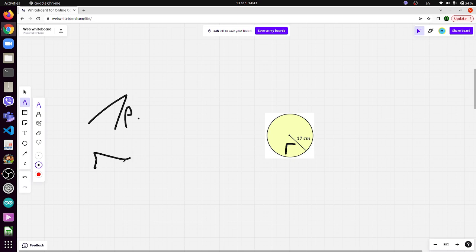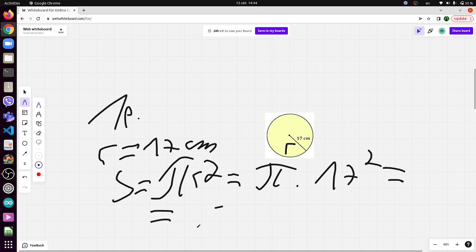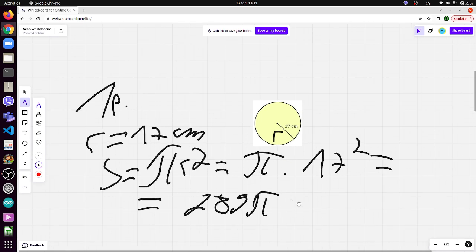The radius is 17 centimeters, so the area is pi r squared, which is pi times 17 squared, which is 289 pi.